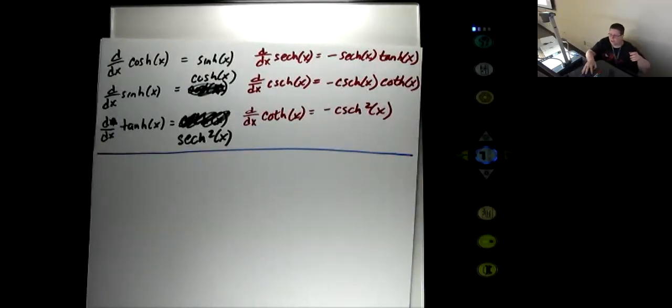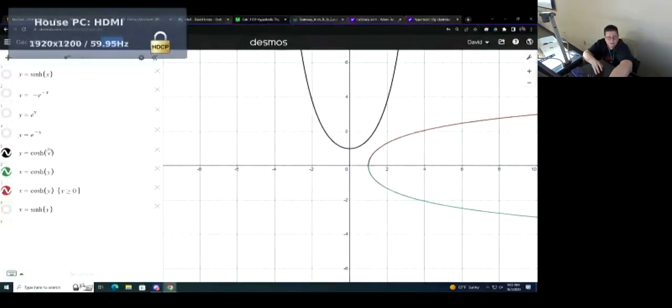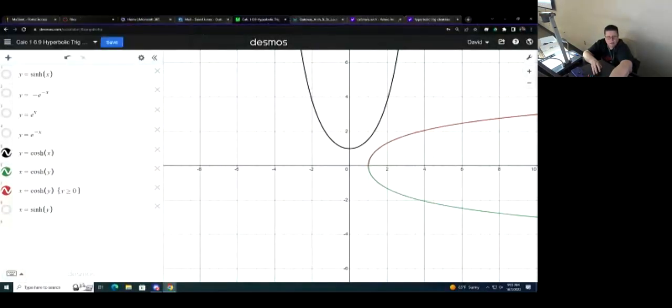All right, we're going to take a look at the hyperbolic inverses. I'm going to take us over to Desmos real quick. So hyperbolic cosine is that black parabola-looking thing. When we swap x and y to get the inverse, we get a sideways parabola. But to keep it one-to-one, we have to restrict y to be greater than or equal to 0.